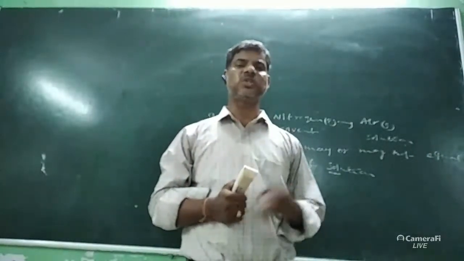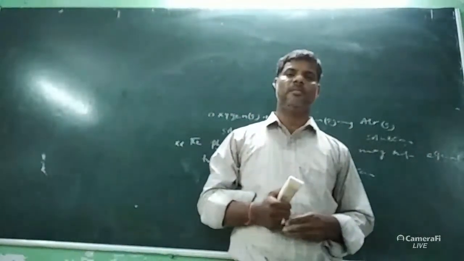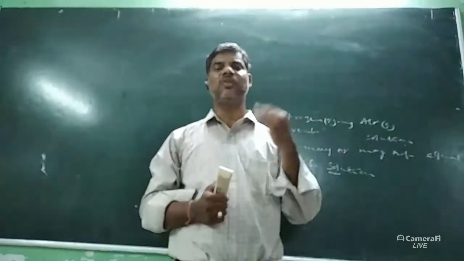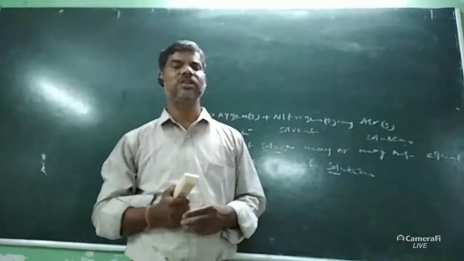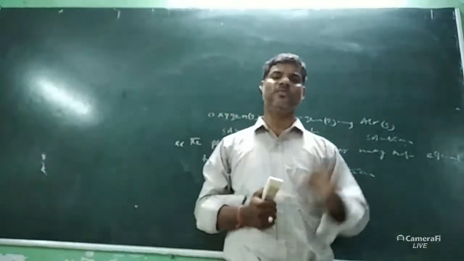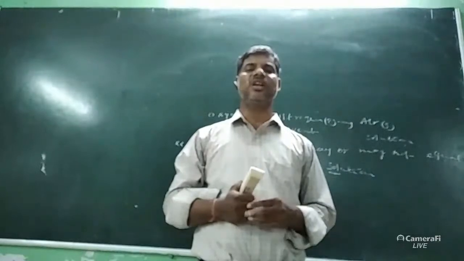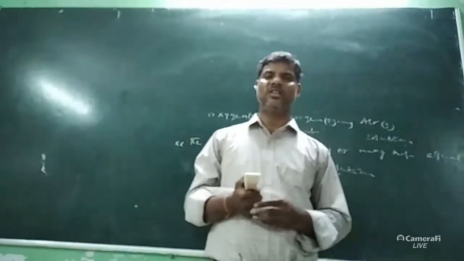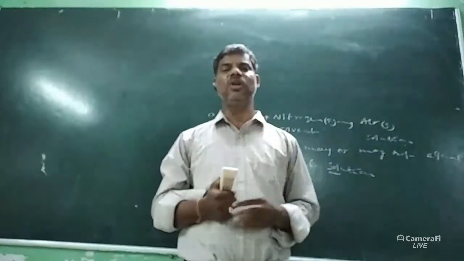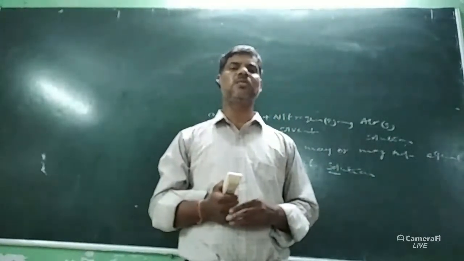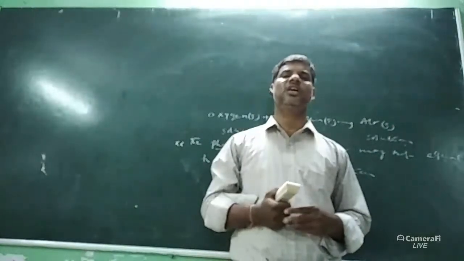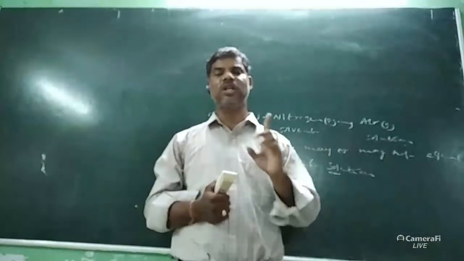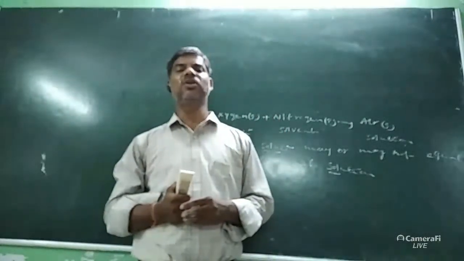The solution which contains only two components is called a binary solution, the solution which has three components is called a ternary solution, and the solution which has four components is called a quaternary solution. Remember that in all solutions there is only one solvent, whereas there are two or more solutes. So every solution will have only one solvent and two or more solutes.